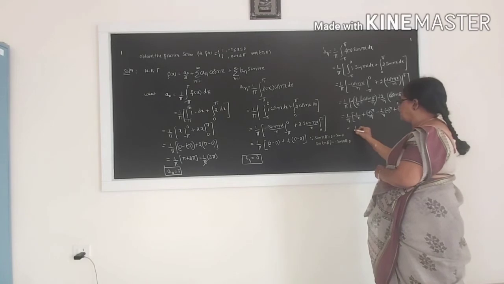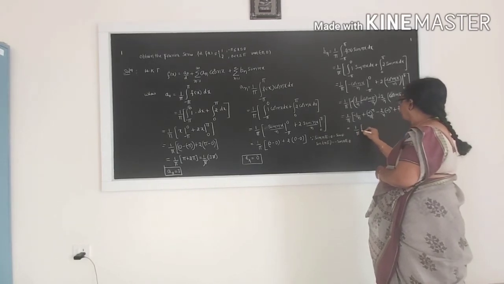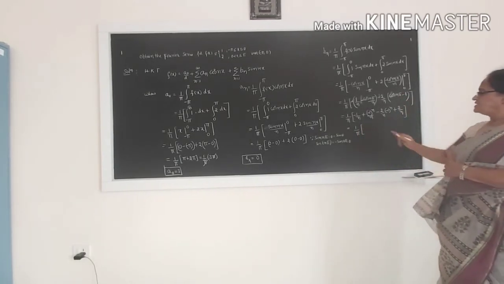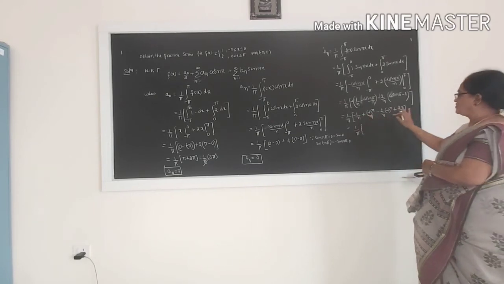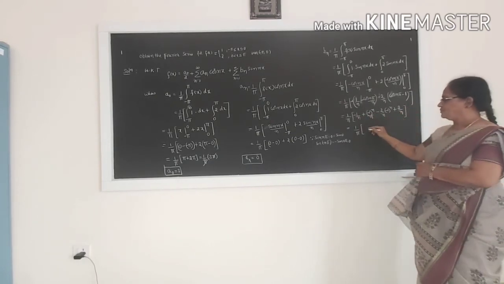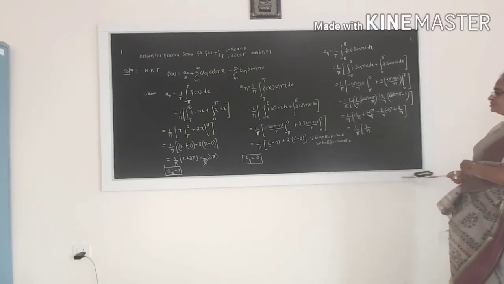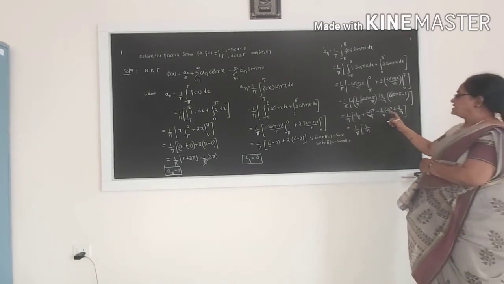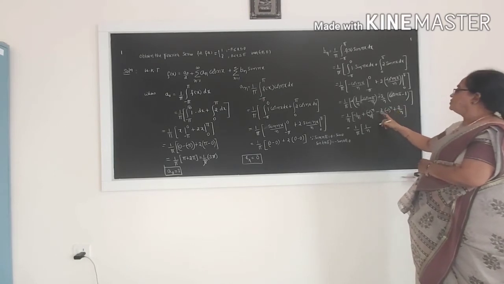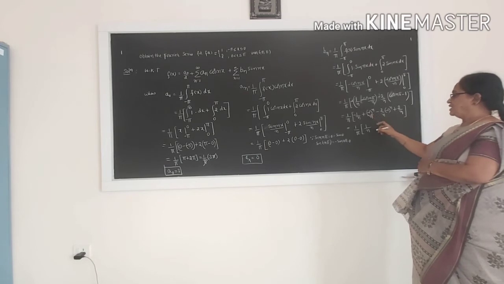Now I write this as 1 by pi times. You observe this. Here it is minus 1 times 1 by n and it is 2 times 1 by n. Therefore, if I subtract, I am going to get 1 by n. It is minus 2 times minus 1 whole power n by n, and it is 1 times this.